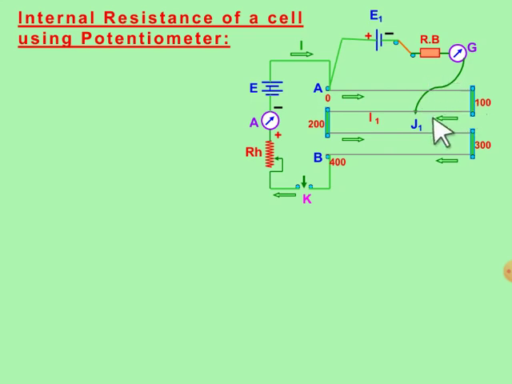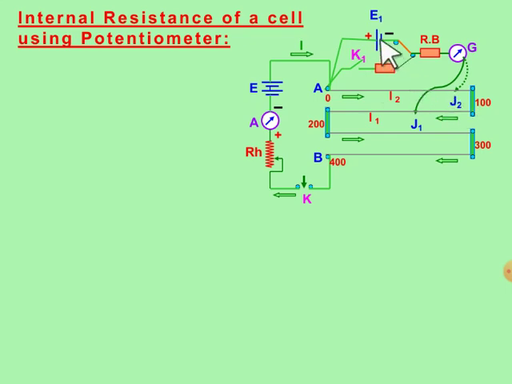When we connect another small resistance in parallel to this source of EMF and key K1 is closed, let the null point be obtained at this point J2.